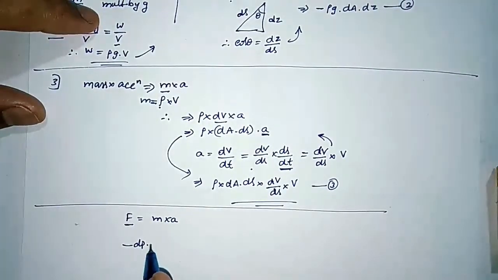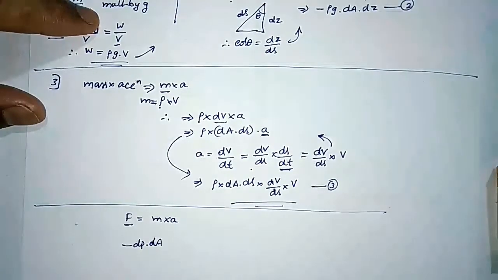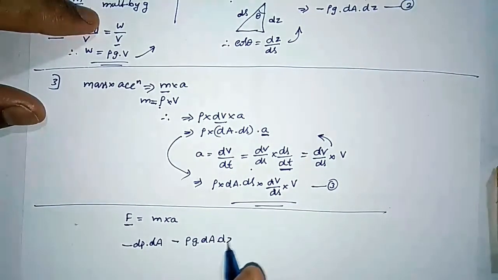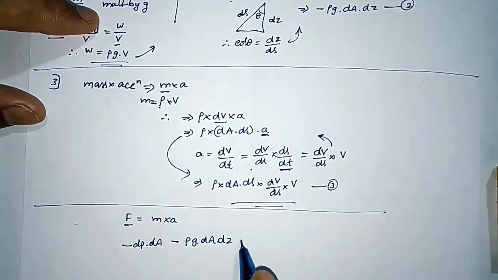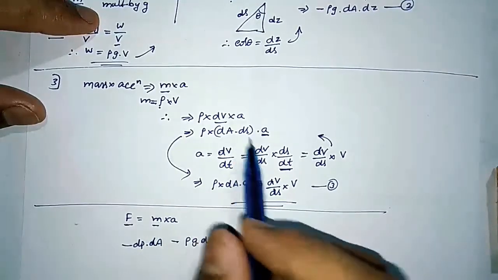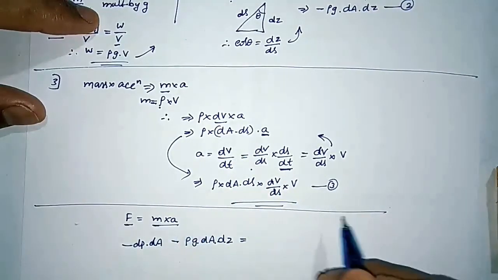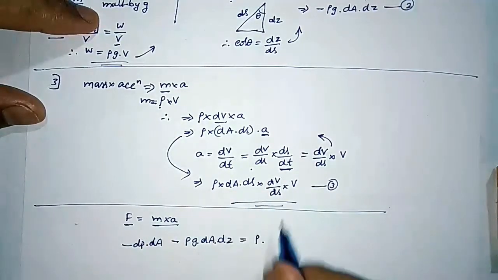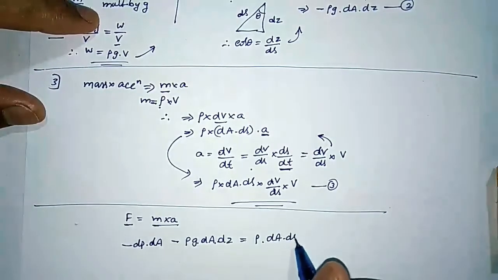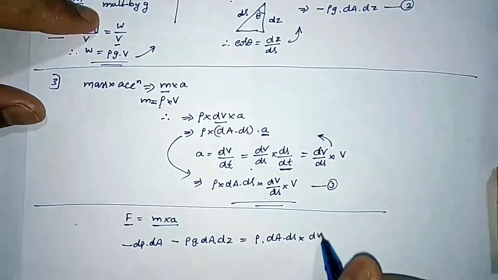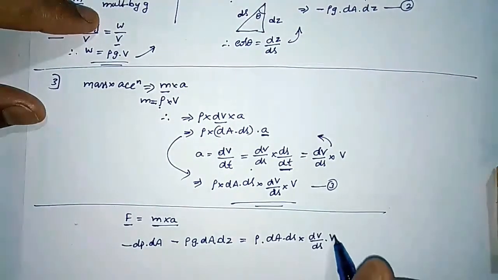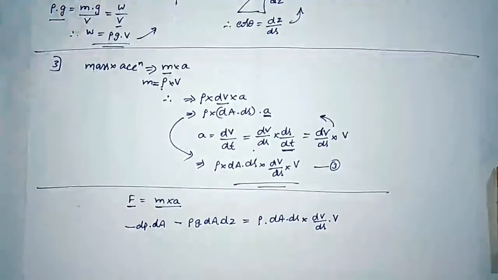Minus dP into dA minus rho g dA into dz is equal to mass into acceleration, that is rho into dA into ds into dv by ds into velocity v.